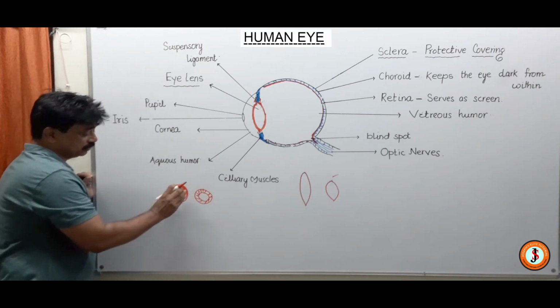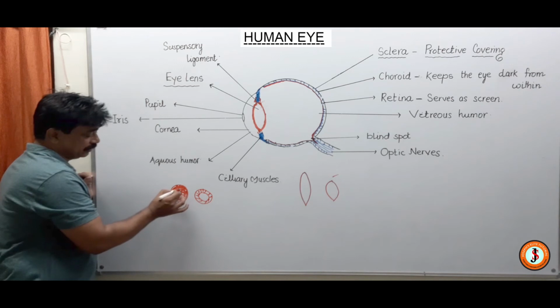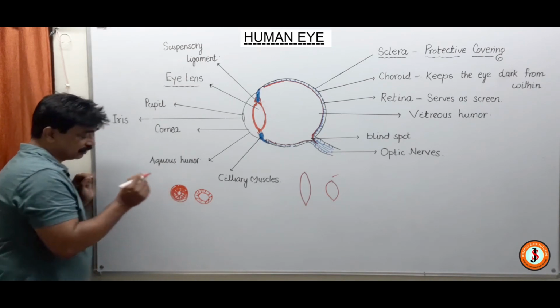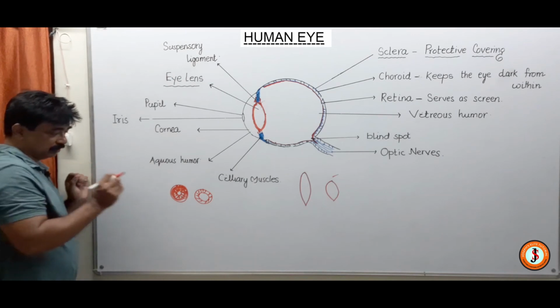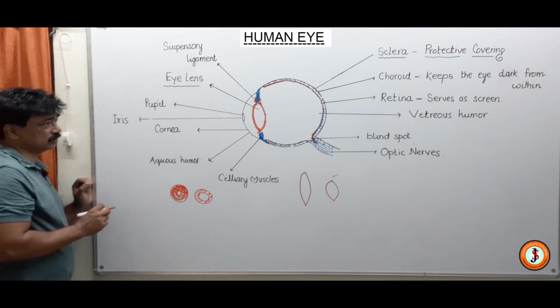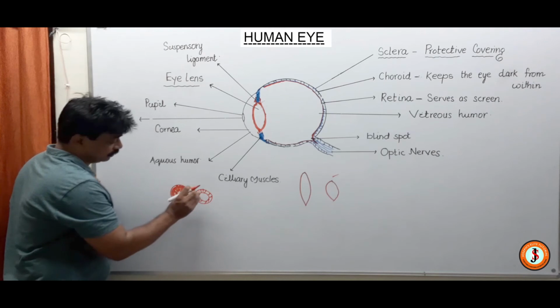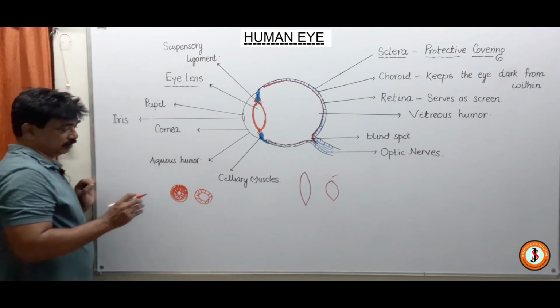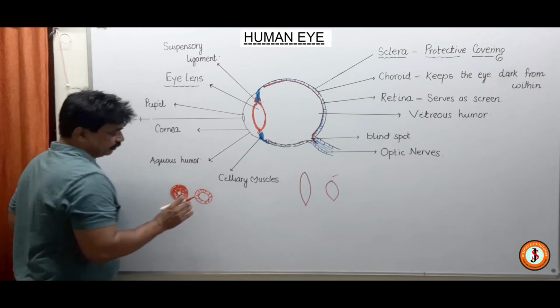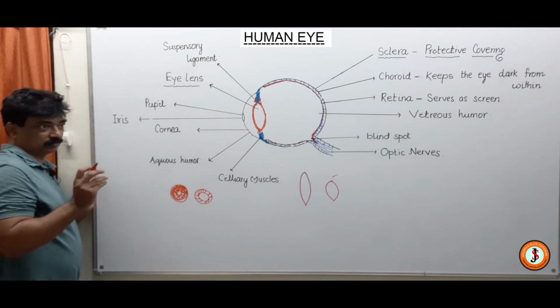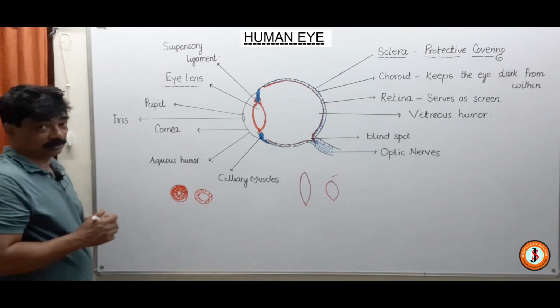When it is in very high intensity light, the hole becomes smaller. That means the pupil becomes smaller, and when it is looking at something in dim light, it will become larger so that more light can come in.